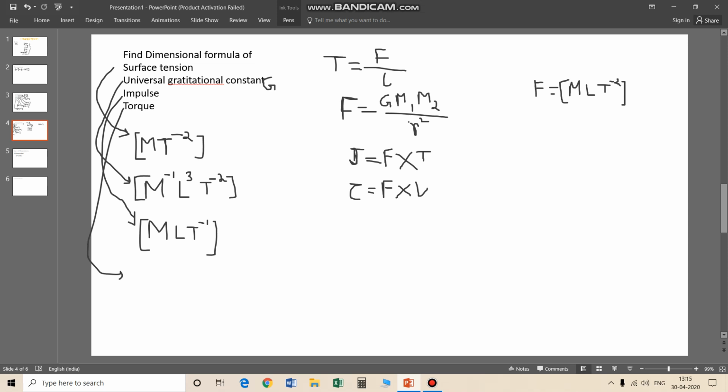Torque is force into length, so it will be M L squared T to the power minus 2, right? Yes, the dimension of work and the dimension of torque are the same.